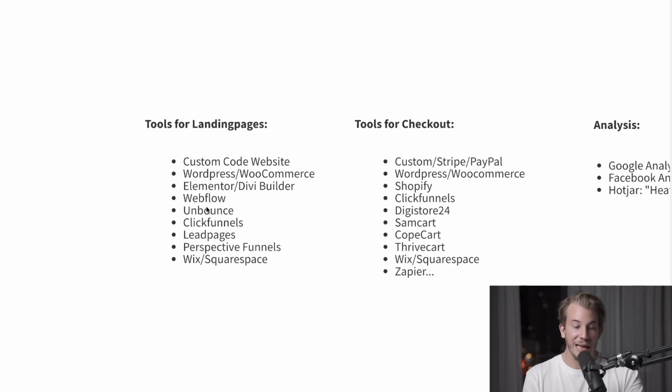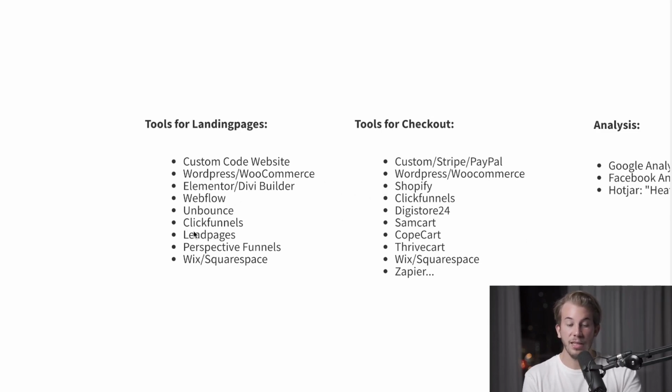Similar to Unbounce is Leadpages, also just a landing page tool. On both, you can build landing pages for e-commerce products, which just have a call to action button and send people to checkout. Sometimes you can even, I think they're also developing their features, so they might offer the whole checkout experience themselves.